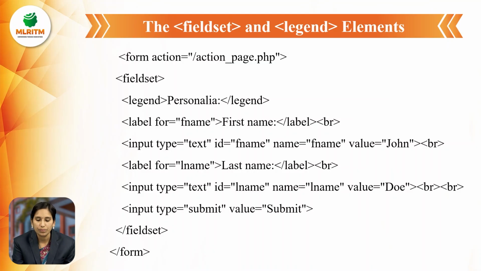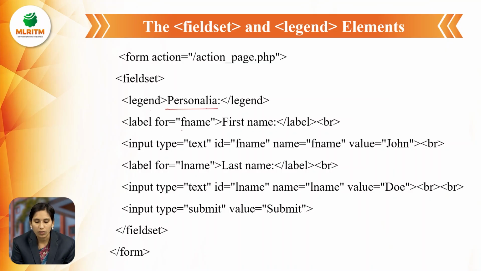See this example. Form action equals action_page.php. Then we are opening the fieldset. Then in that, legend with Personalia. So Personalia is the caption, and we are giving that caption using the legend tag. Legend tag open, Personalia, and legend tag close.